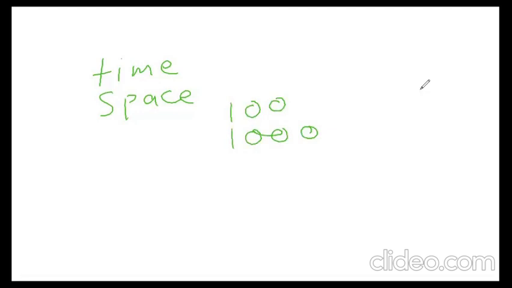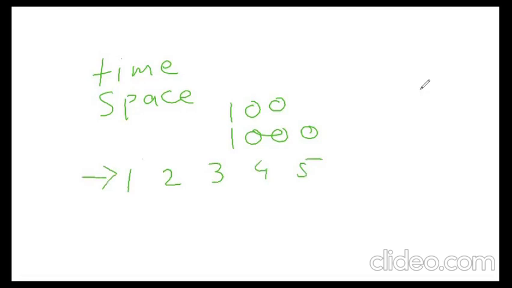Let's take an example, for example, bubble sort. When the input array is already sorted, meaning 1, 2, 3, 4, 5, here I am taking an example. So here the input is already sorted.